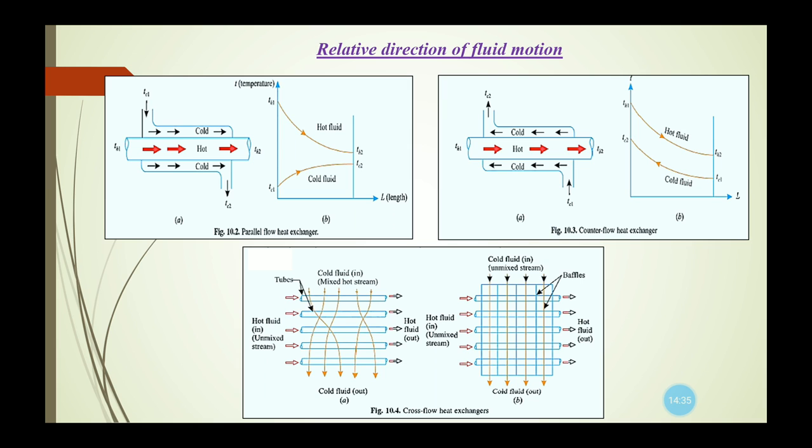The next diagram shows the cross flow heat exchanger. In this cross flow heat exchanger, the two fluids, the hot and cold fluids, cross one another in space, usually at right angles. In diagram 10.4a, we can see that the hot fluid flows in separate tubes and there is no mixing of the fluid streams.